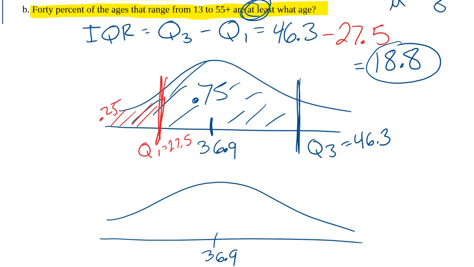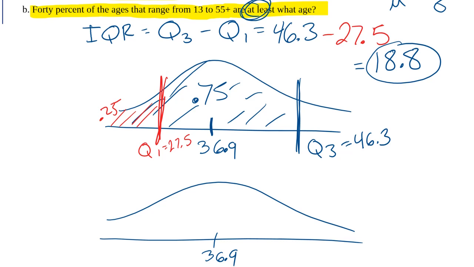Let's start thinking about what at least means. For example, if someone were 60 and we said 40% are at least 60, then that would mean that they are 60 or more. So at least means that number or more.